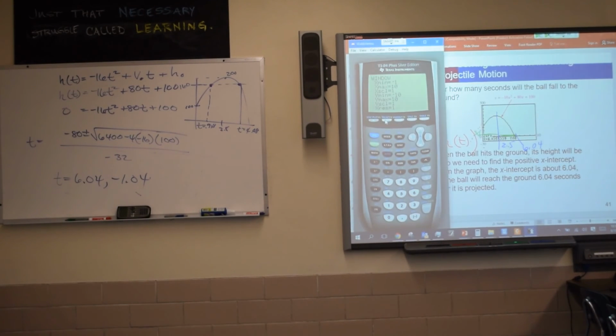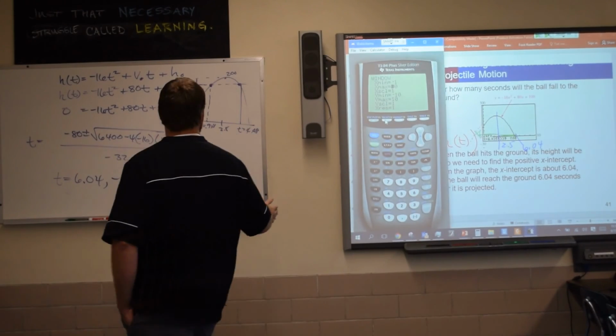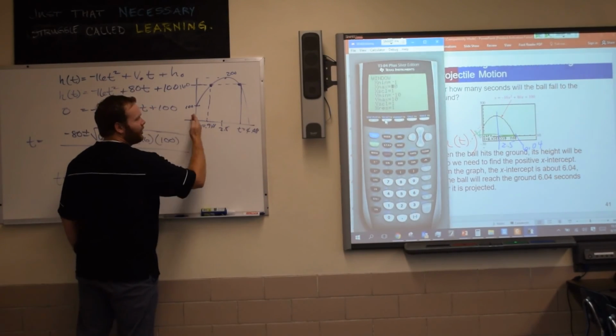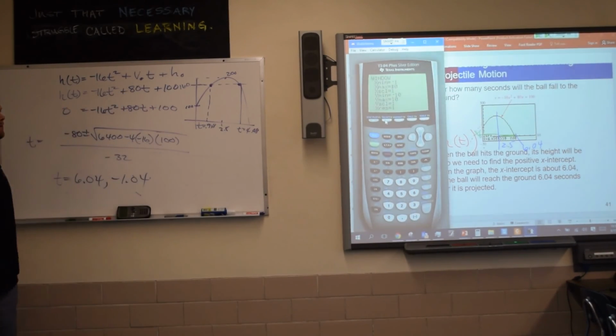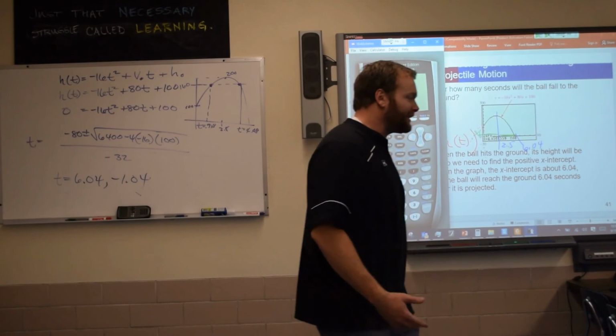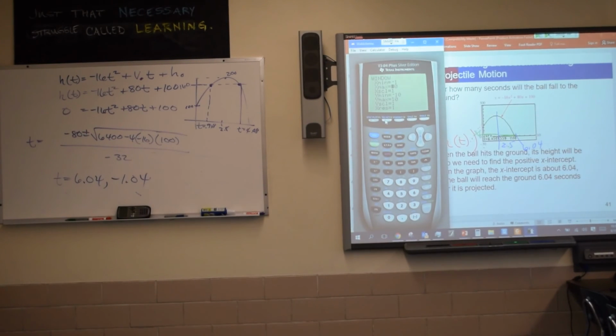Careful, I misspoke. What's the largest x value that we had? It was this one, right? 6.04. So let's make our x maximum a little bit bigger than that. I'm just going to go to 8.